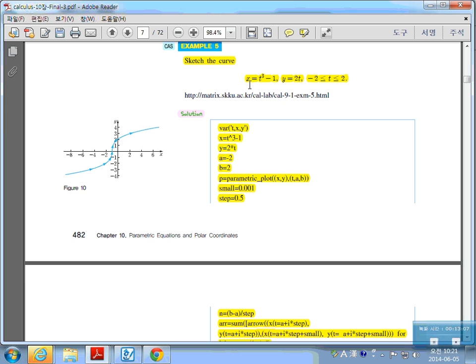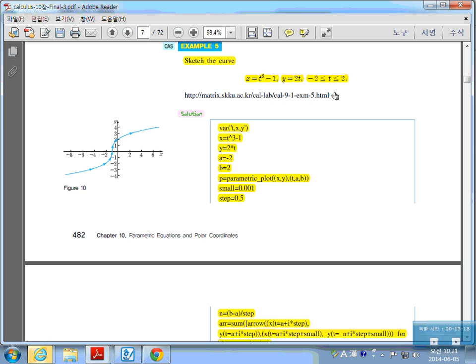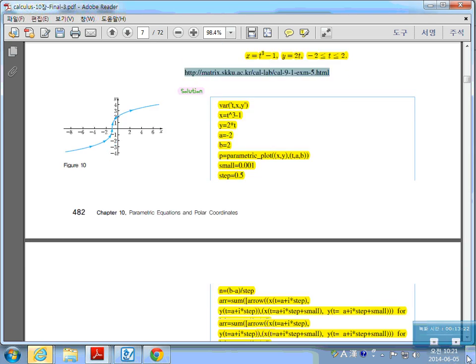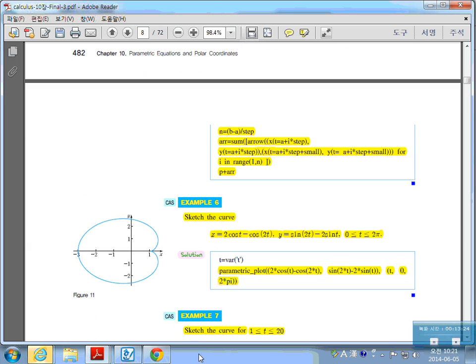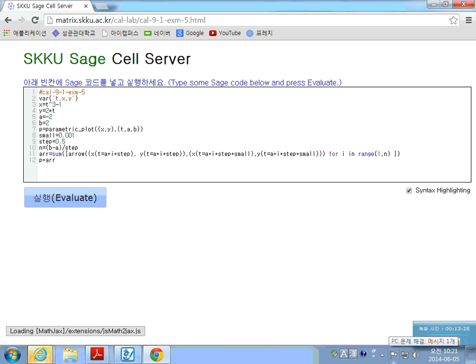Sketch the curve x is equal to t cubed minus 1, y is equal to 2t, when t is from minus 2 to 2. Okay, then copy this web address. So I will show you example 5, parameters.